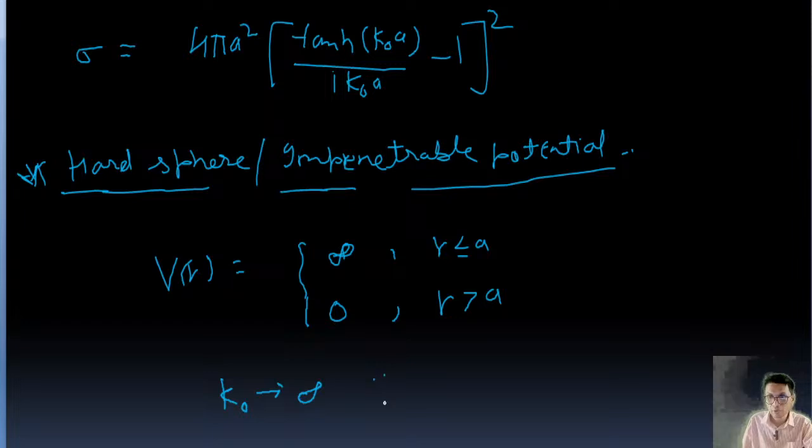And the k naught value we know: k naught equals 2mE upon h cut squared. So the value of tan k naught a is going to be, I'm writing here, e to the power k naught a minus e to the power minus k naught a upon e to the power k naught a plus e to the power minus k naught a.